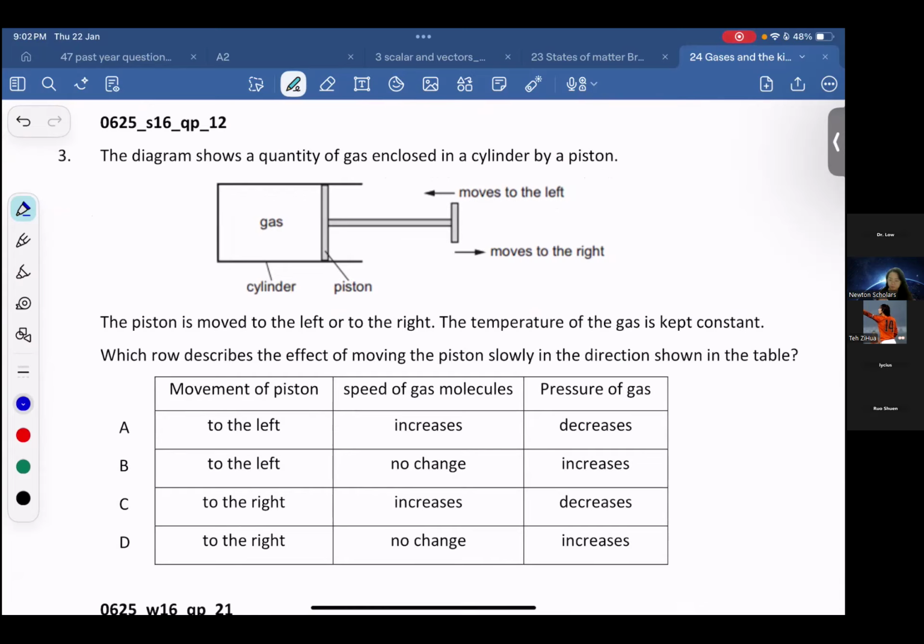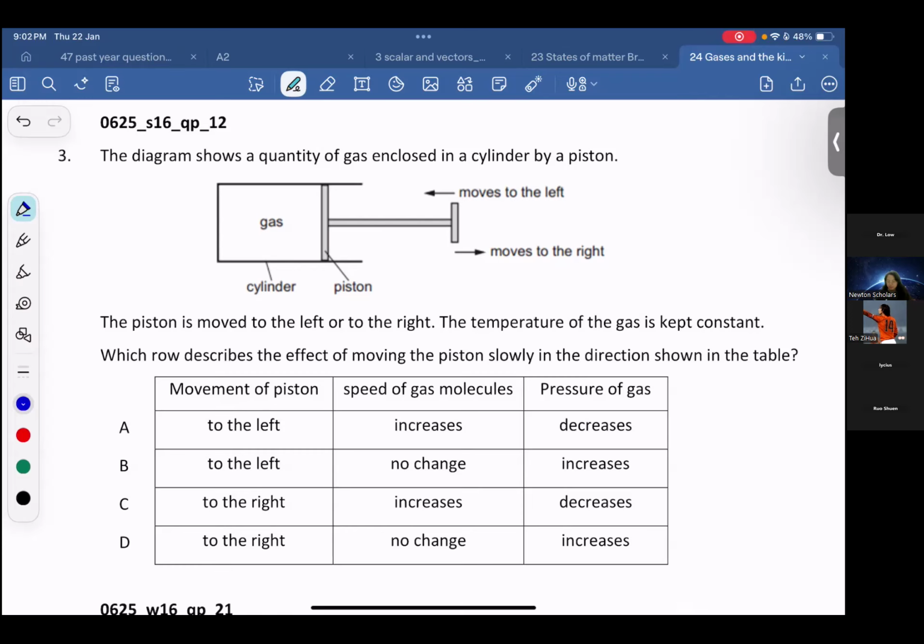Can we go to question number 3? Can you try before we discuss? 30 seconds for you to read the question and then you choose the answer. Yes, Angeline, correct. Megan, tell me the answer of this question.